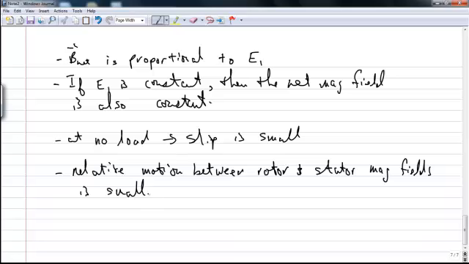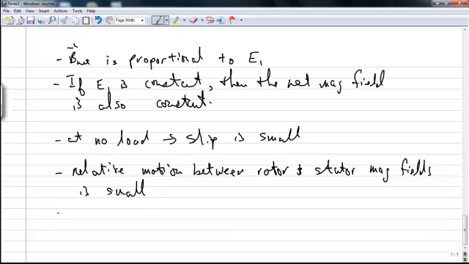We said at no load we're going to be rotating very close to synchronous speed. Synchronous speed, of course, is the speed that the stator magnetic field is rotating, and if the rotor is turning very close to synchronous speed, then the relative motion between these two magnetic fields is going to be small.